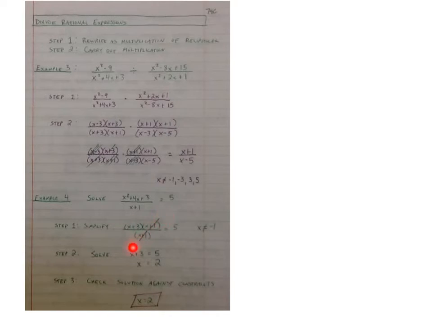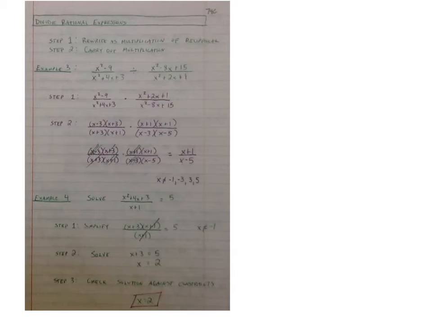The x plus 1 cancels out of the top and bottom, and you get x plus 3 equals 5, which means x is equal to 2. And sometimes you'll arrive at multiple answers, but in this case we only had one, and that answer does not conflict with our constraints, so we know it's the solution.